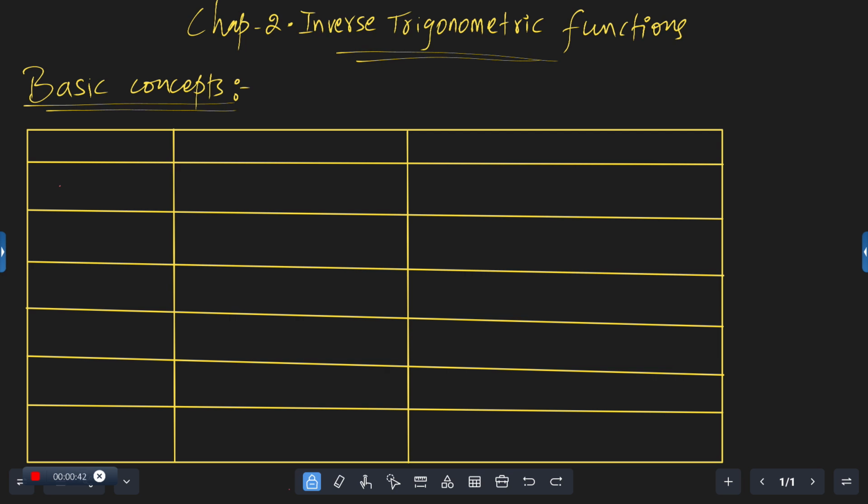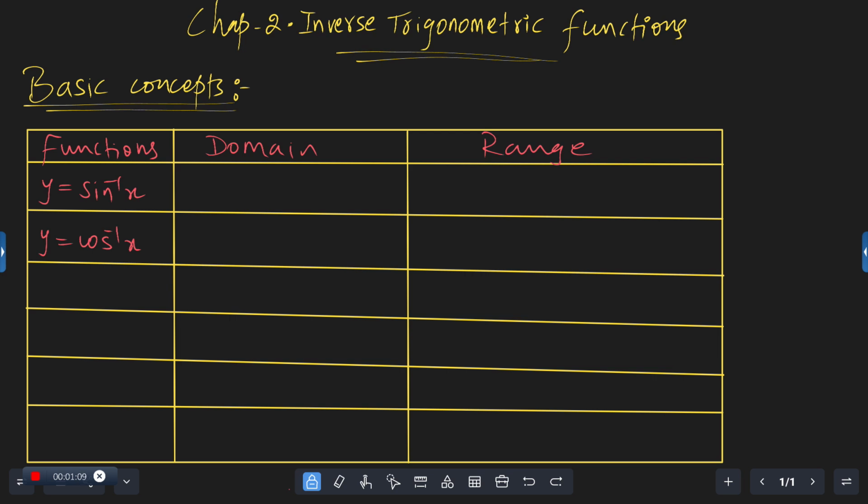Okay, right. First here in this column I will write functions, and here domain, and this one is range. Okay, right. So there are 6 functions. First y is equal to sine inverse x, in the same manner cos inverse x. So the domain of sine and cos will be the same.